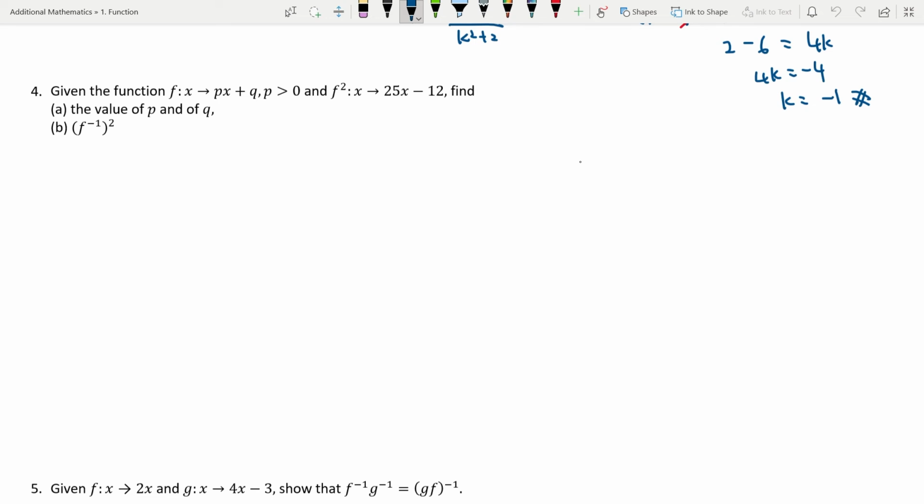Question 4. Given the function f such that x is converted into px plus q, where p is greater than 0, and function f squared such that x is converted into 25x minus 12. We have f(x) equal to px plus q, and f squared x is equal to 25x minus 12.